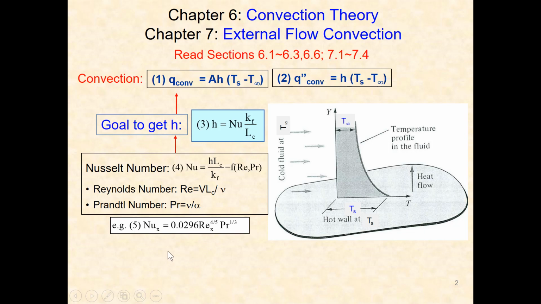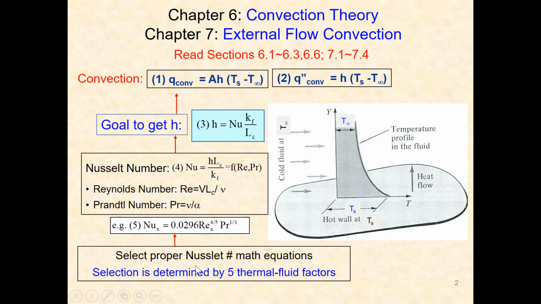At this point, it appears very straightforward to use equation 3 to get the h value. In reality, it is not, because you have to select the proper Nusselt number equation from many options, and the selection is determined by at least 5 thermal fluid factors.